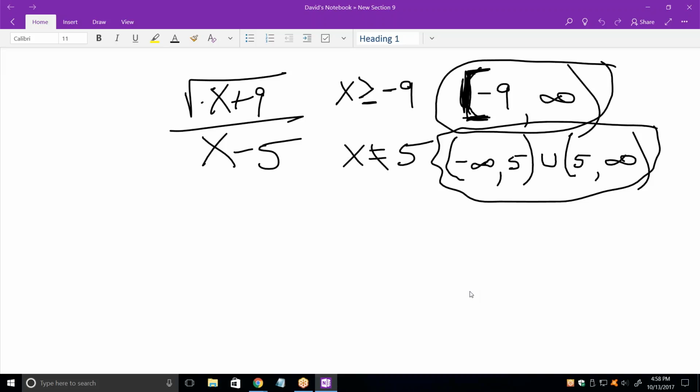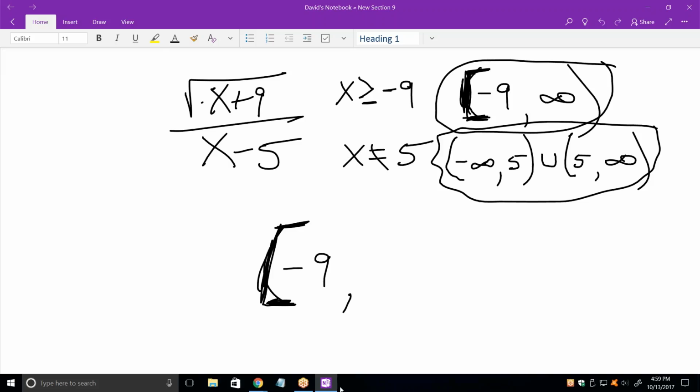Well, to do it, start from the left side. Minus infinity. Can't have minus infinity. We can only go down to minus 9. So the lowest number that I can possibly have is minus 9. And I can have that, so I'm going to use brackets. Minus 9 doesn't hurt anything here. It doesn't make the function blow up.